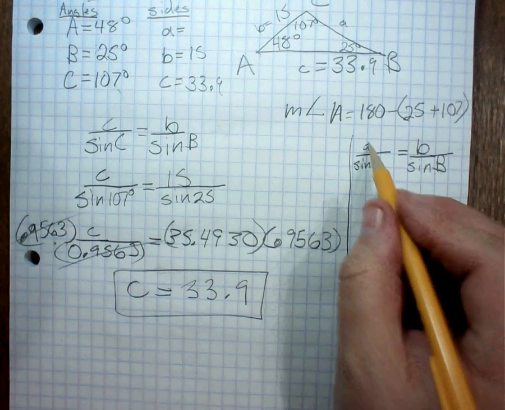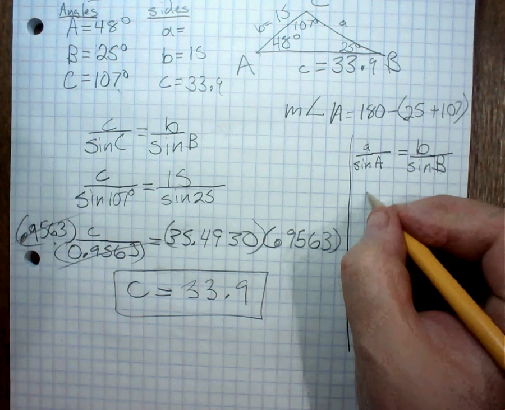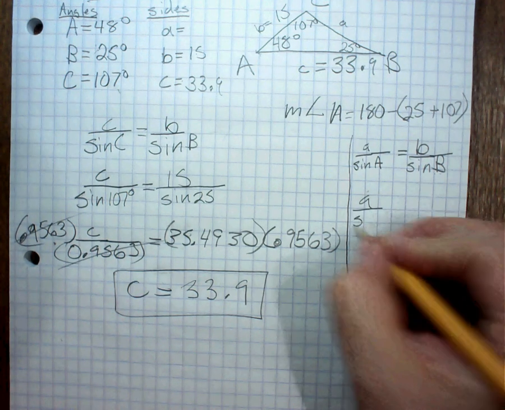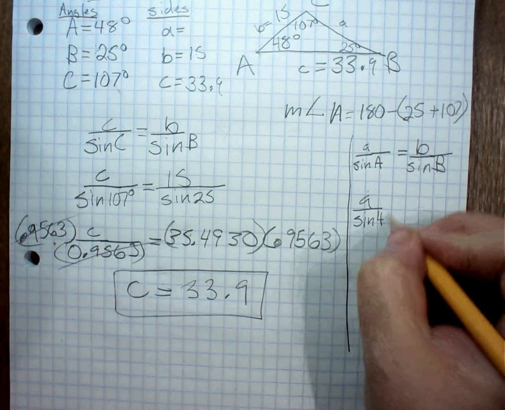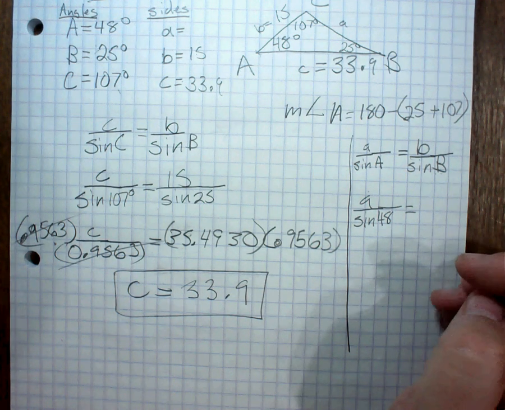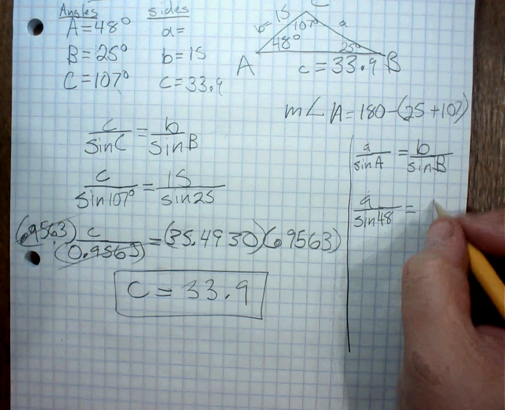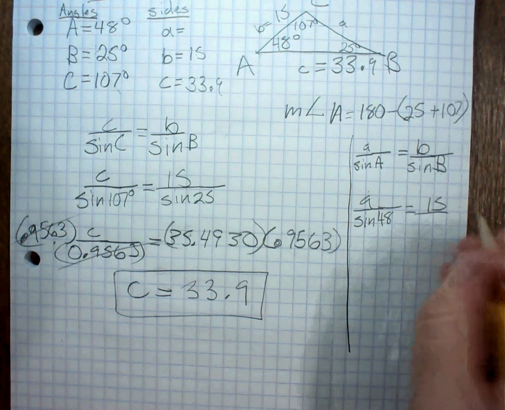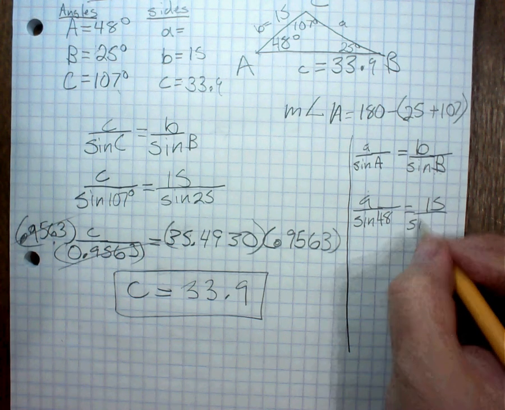But this part has to be this way. So then a, still don't know what a is, over sine of 48 degrees is equal to lowercase b, which is 15, over sine of 25 degrees.